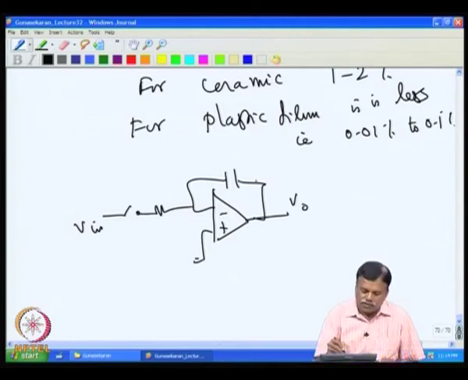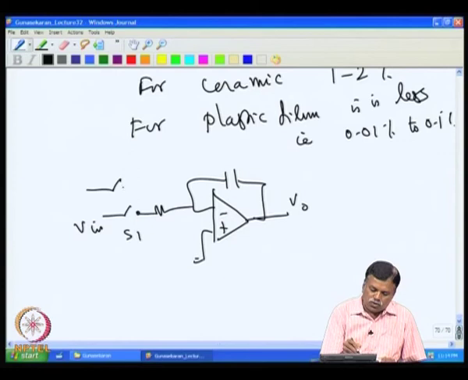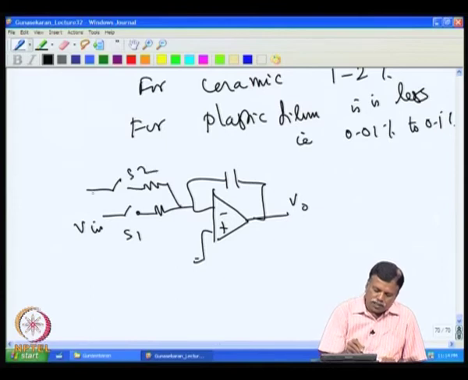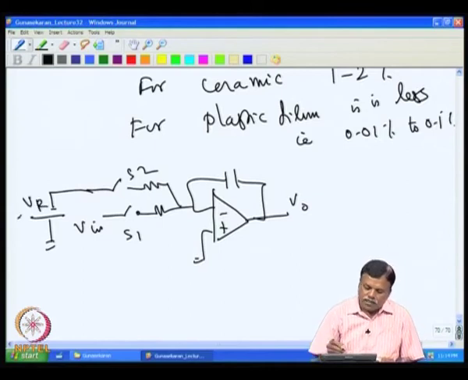Now, we are making S1 off and then making S2 on, and minus V reference is given. Now, the capacitor discharges through this.